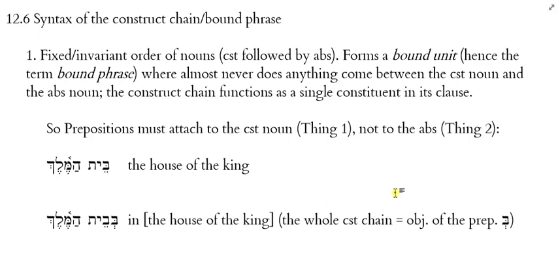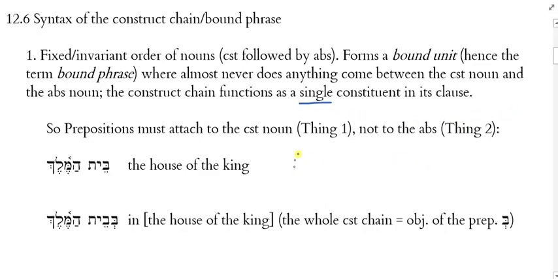These two nouns, if there are only two, we're going to see that you can have more than two nouns in a construct chain, but typically it's two. But they're going to form a bound unit, and that's why some people use the expression a bound phrase. So they form a bound unit where almost never does anything come in between the construct noun and the absolute noun. The construct chain functions as a single constituent in its clause.